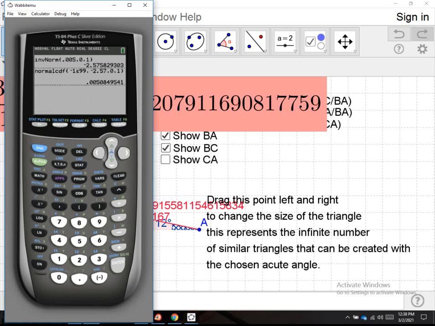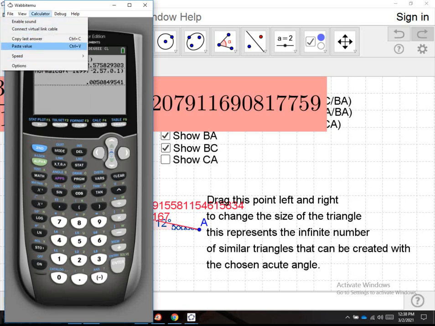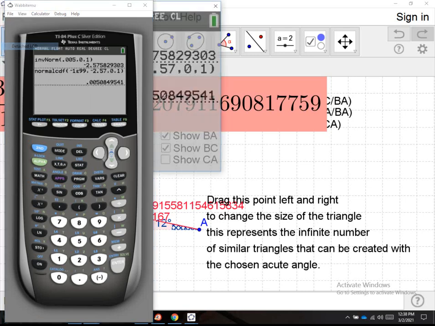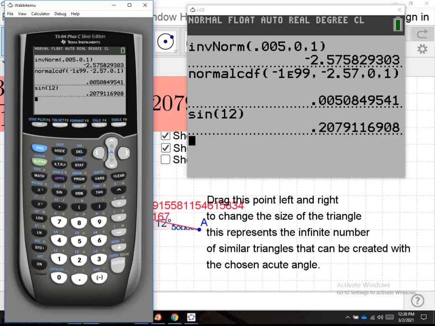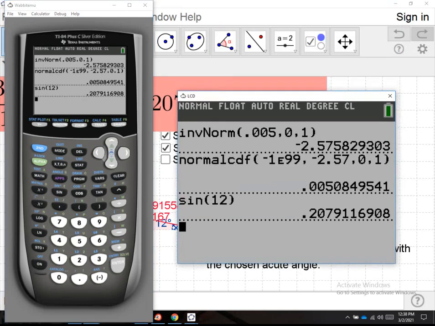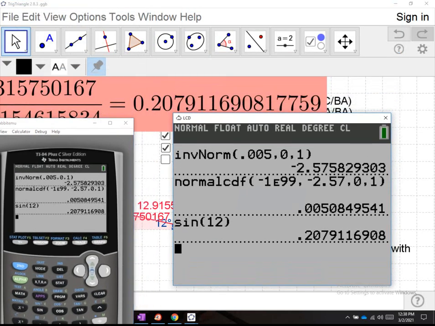When I hit sine of 12 degrees, it knows that that is essentially a symbol for this scale factor. Is that okay with everybody?